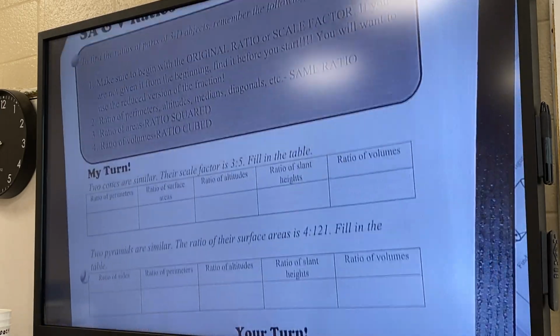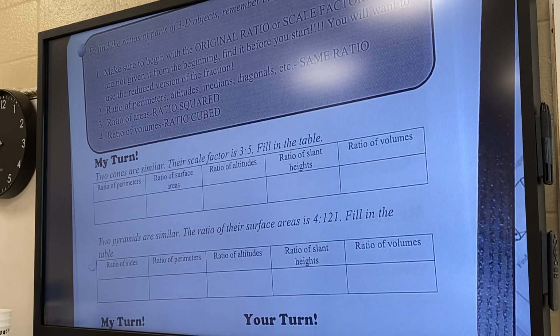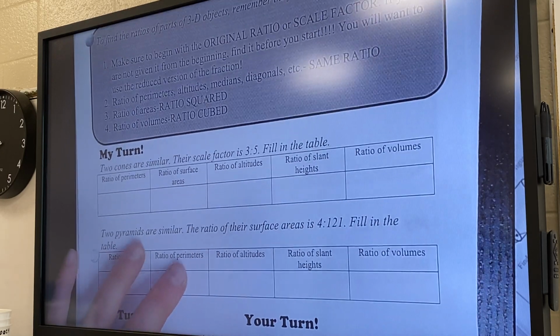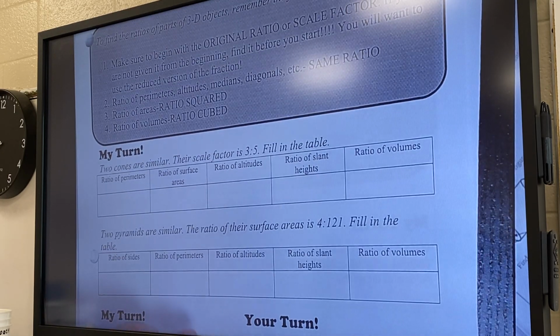Alright, it just said make sure you begin with the original ratio or scale factor. And we already did a lesson on scale factors weeks ago. If you get a scale factor, make sure you reduce it to the smallest that you can. Ratios of perimeters, altitudes, medians, and diagonals are all the same because those are linear. The ratios of areas are squared because they are square units.